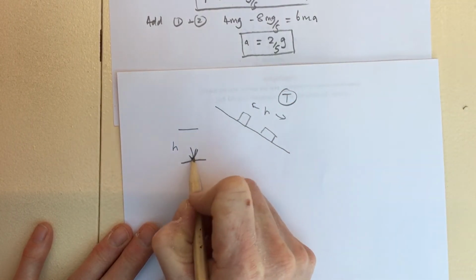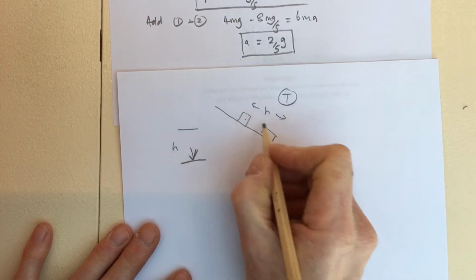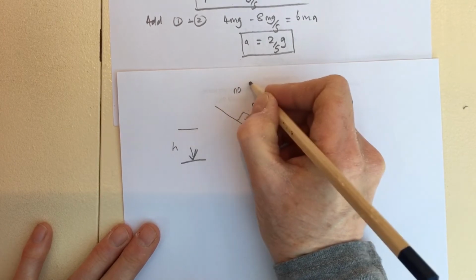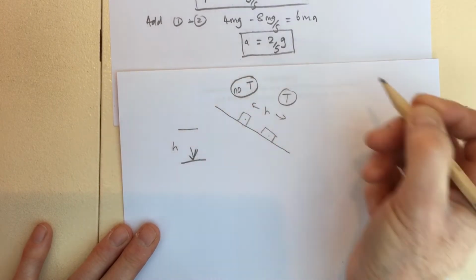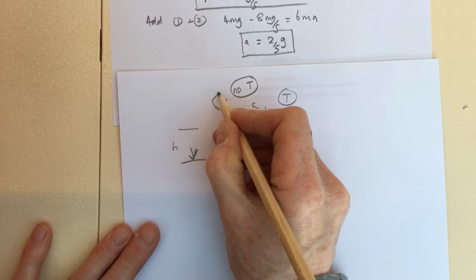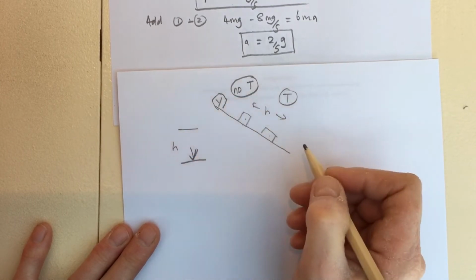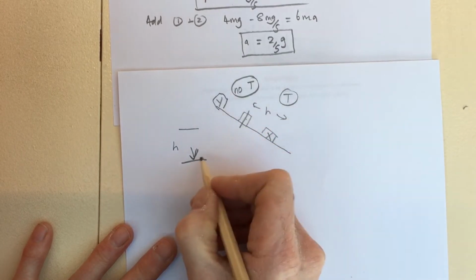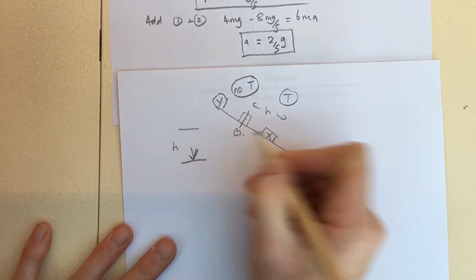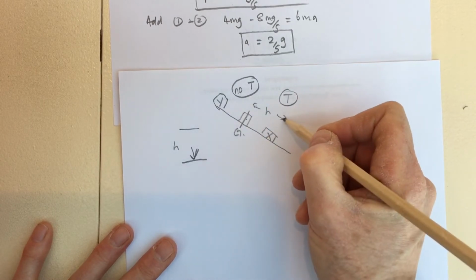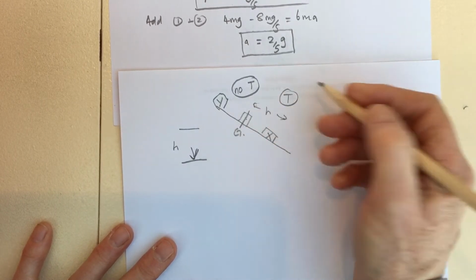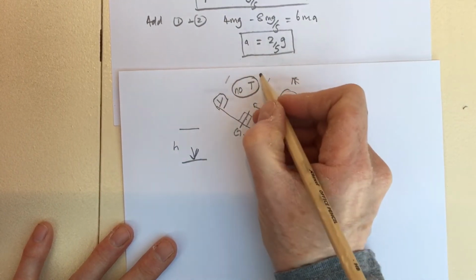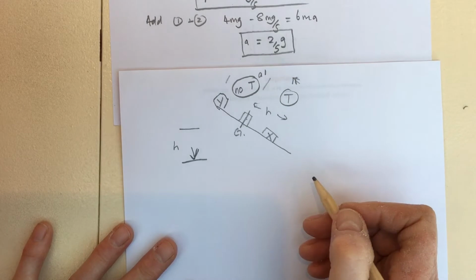When B hits the ground and A moves up h, as soon as it gets to this point, it travels a small amount with no tension and then stops. So this point here is Y, this point here is X, and this point effectively is when B has hit the ground. So we know that is h, and we know it's travelled that distance with the acceleration we just found. But this last portion is going to have a new acceleration that we need to find.